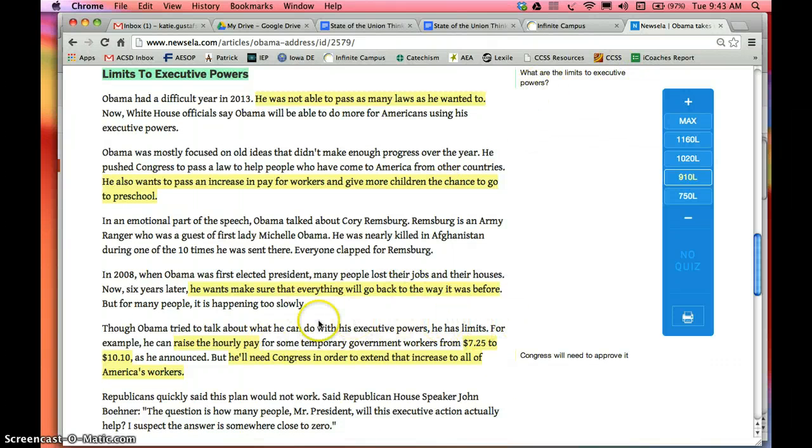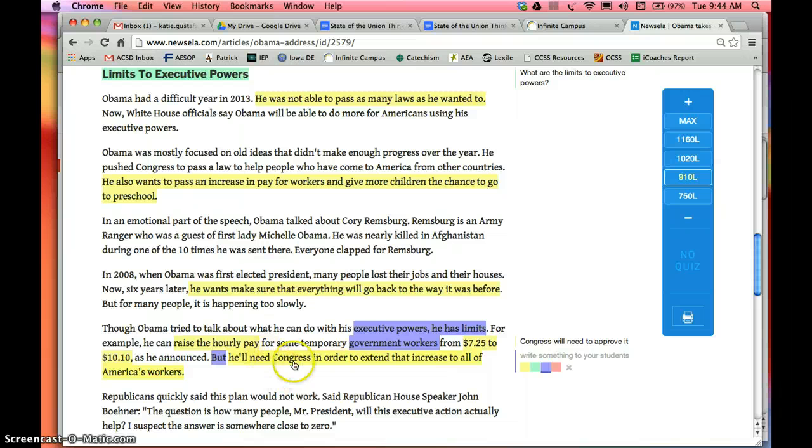It says here that he does have executive powers, but he has limits. And then it goes on to give me an example of what his limit is. So he can raise the hourly pay for government workers. The word "but" here tells me what his limit is.